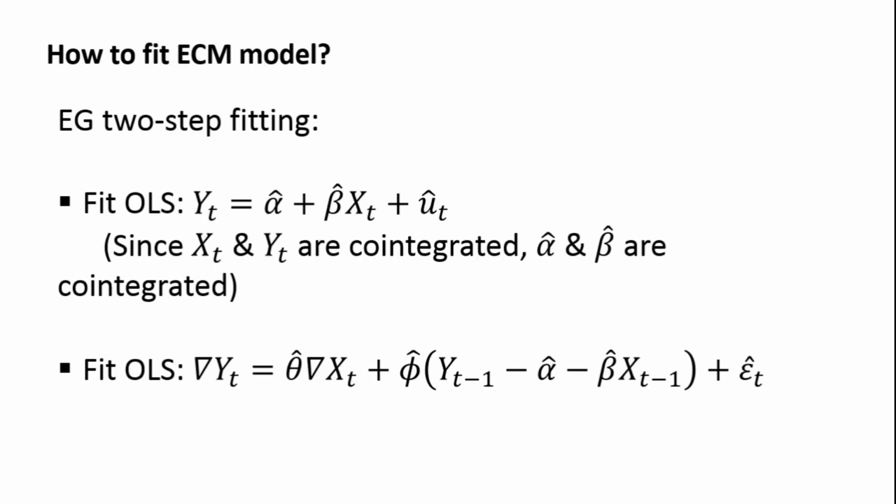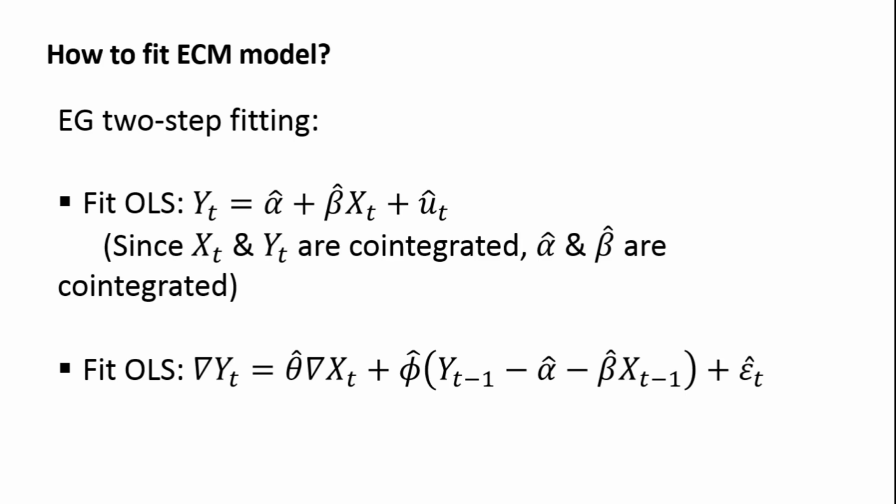So how to fit an error correction model? Engle and Granger have a two-step fitting for this kind of model. We first fit an ordinary least squares regression of yt in function of xt.